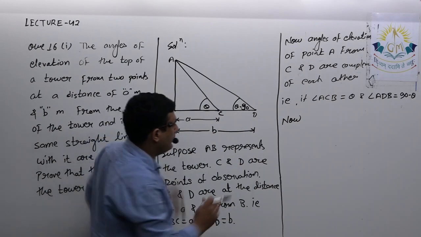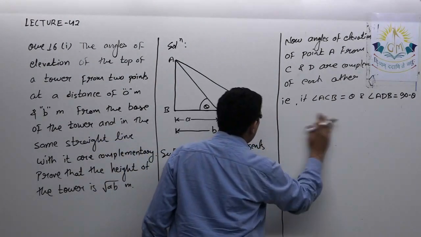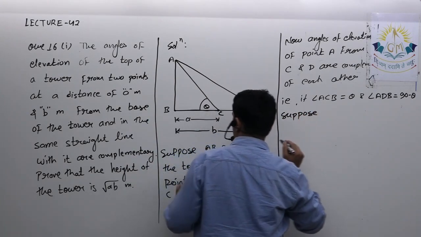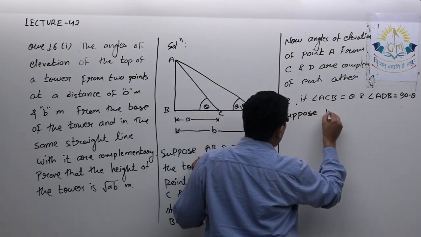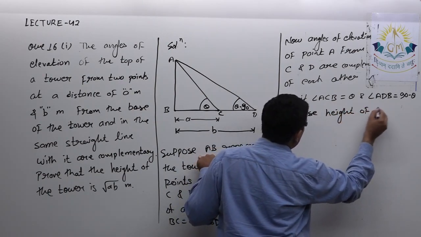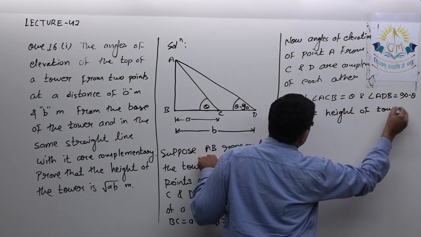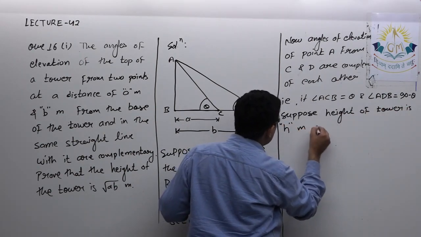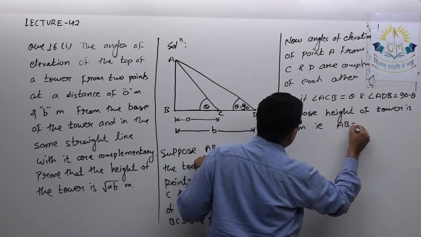We have to find AB. One thing more I can write. Suppose the height of the tower is h meters, that is AB is equal to h.